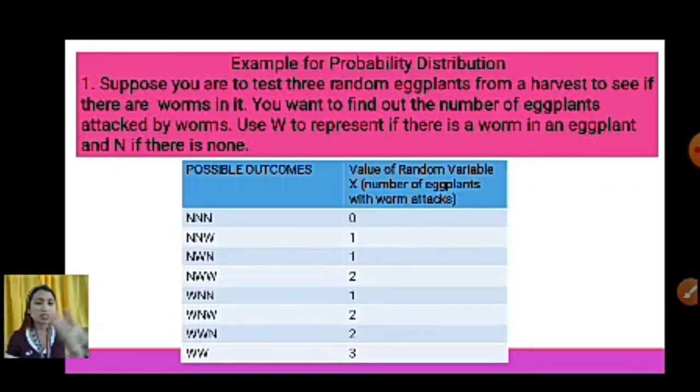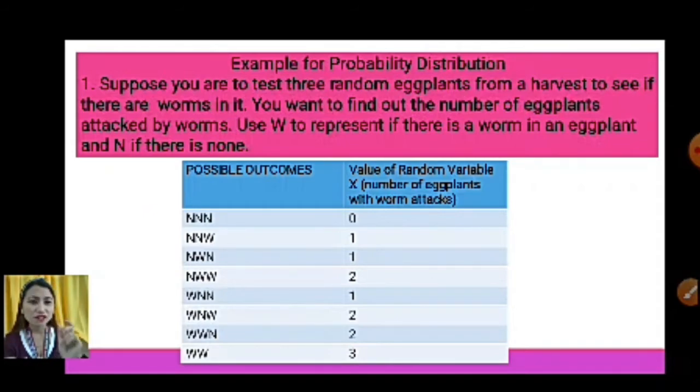For our next table, as part of the table, we have the value of the random variable X. Again, your random variable is in capital letter X. Our random variable is the number of eggplants with worm attacks. In the first possible outcome, it is 0 because there is none.